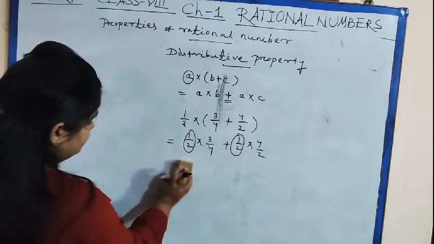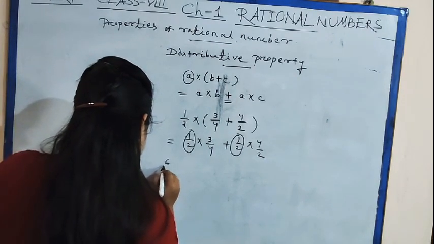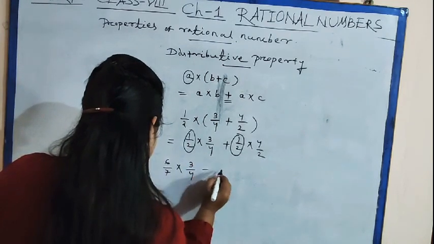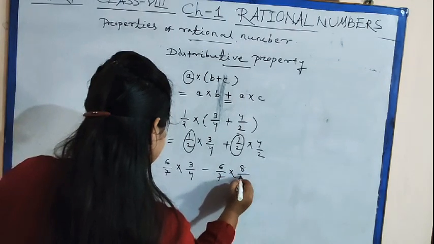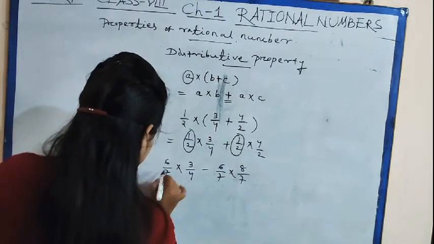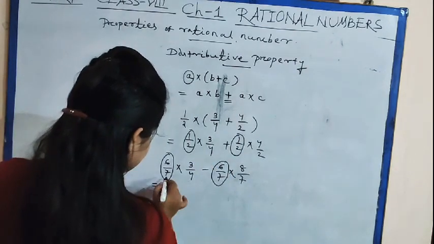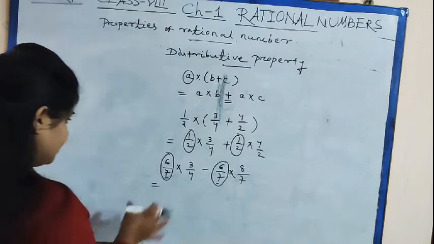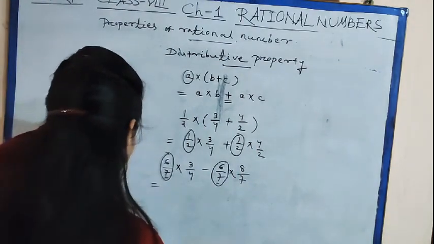Suppose one question is given to you: 6 by 7 multiplied by 3 by 4 minus 6 by 7 multiplied by 8 by 7. Here we should apply the distributive property because one number is common and it is connected with a plus or minus sign.